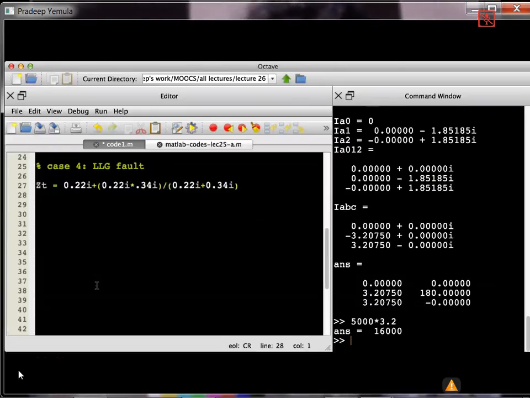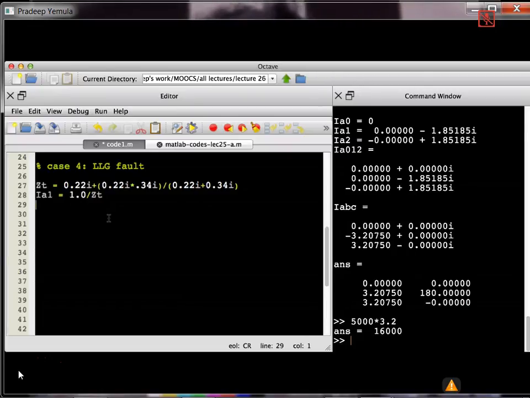I hope it is correct. Once I get the total impedance, I'll get IA1. The IA1 current will be the 1.0 voltage divided by Z total.